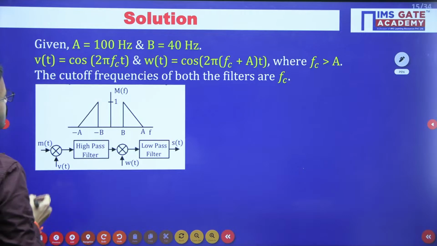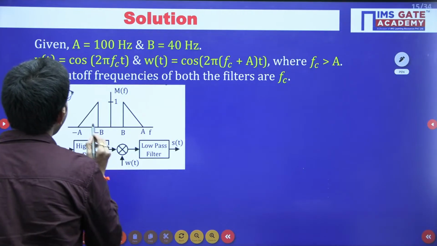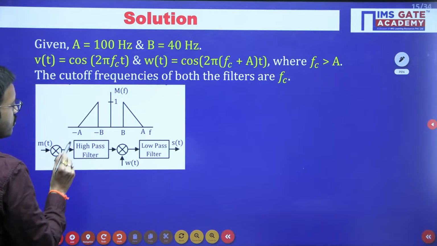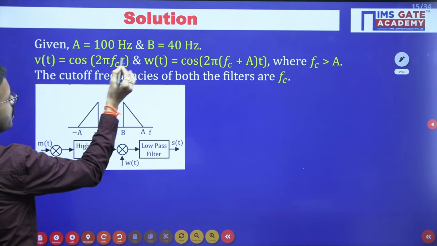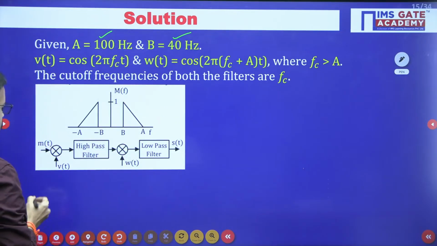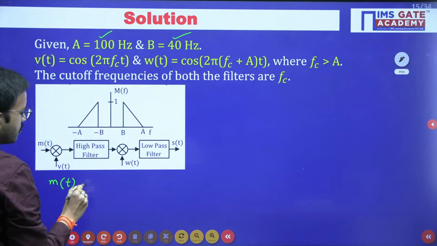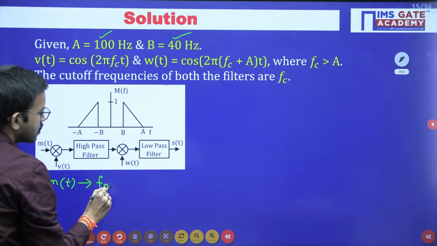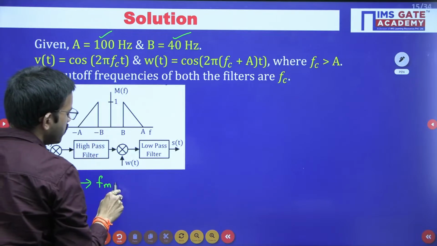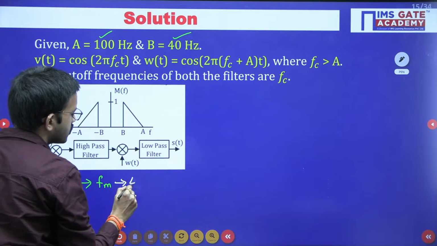First of all, observe m of t. We have a range of frequencies. The lower frequency is 40 and the higher frequency is 100. So m of t operates from 40 Hz to 100 Hz.